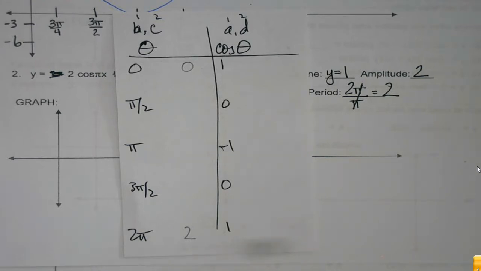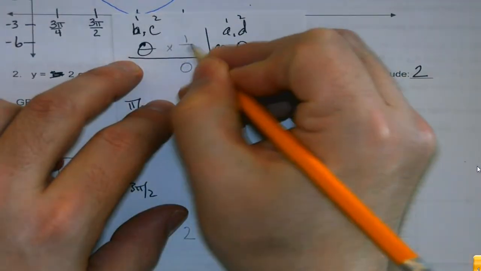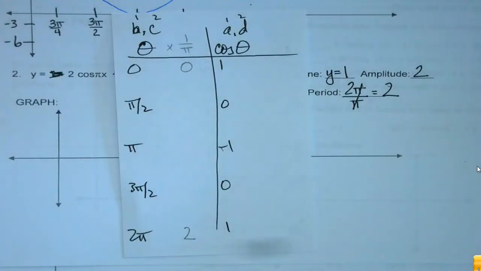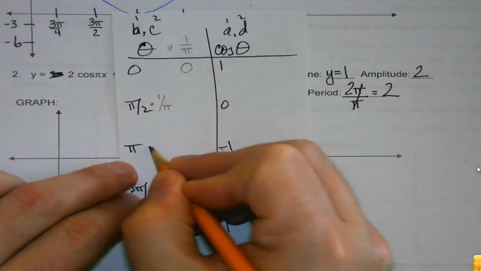And when you divide by pi, that's the same thing in this case as multiplying by 1 over pi. So basically, all you're going to do with your fractions all the way down is slap a pi in the denominator.